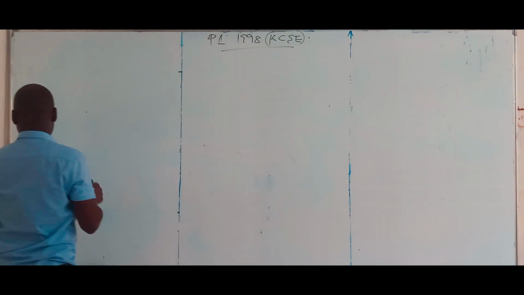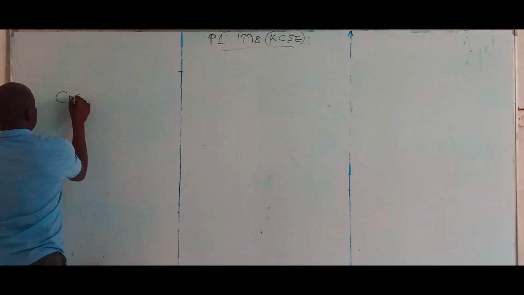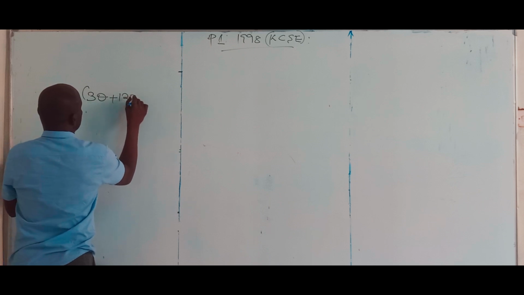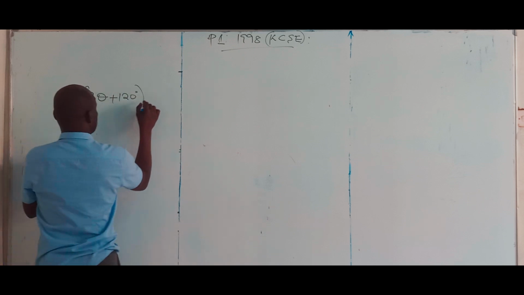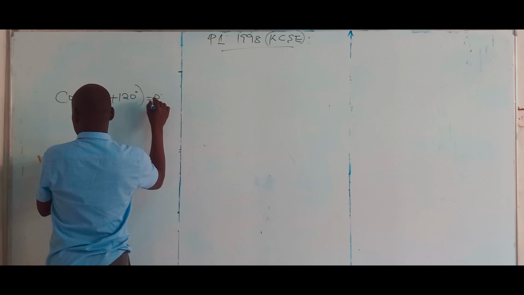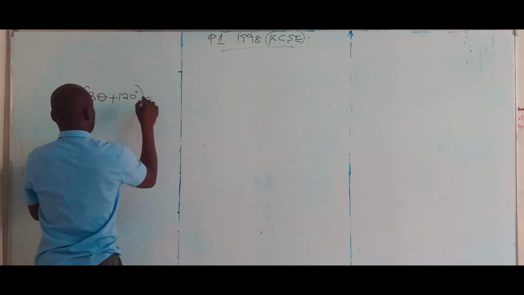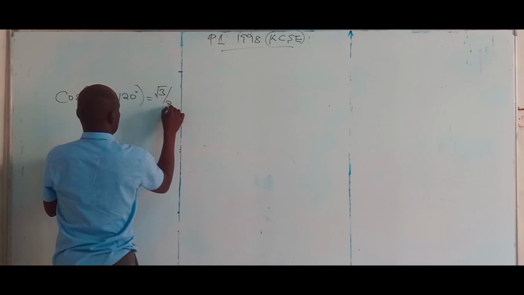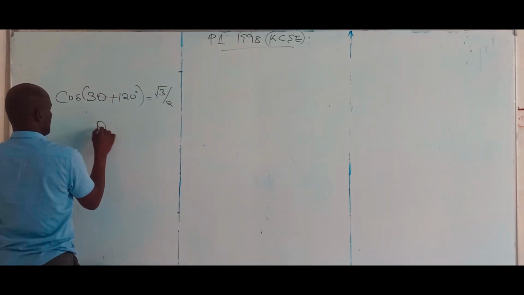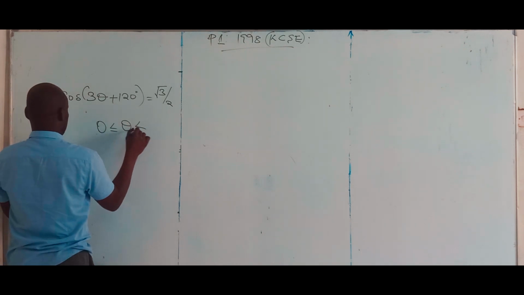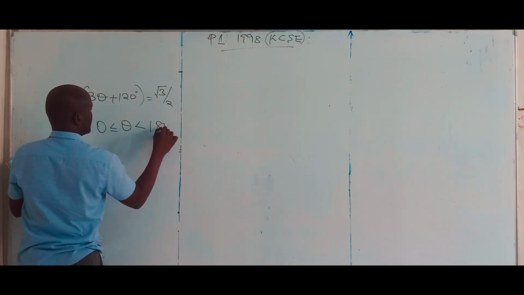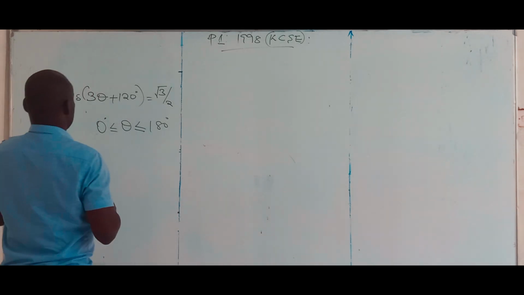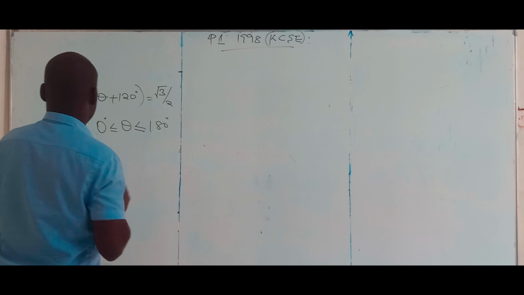The question was: solve the equation cos of (3 theta plus 120 degrees) is equal to root of 3 over 2, within the range of theta from 0 to 180 degrees, all inclusive. So that's the question we're expected to solve.